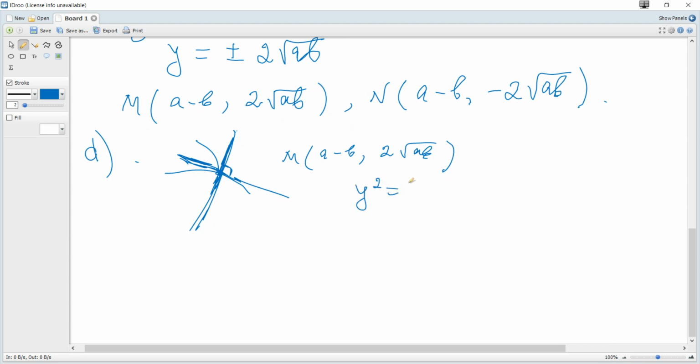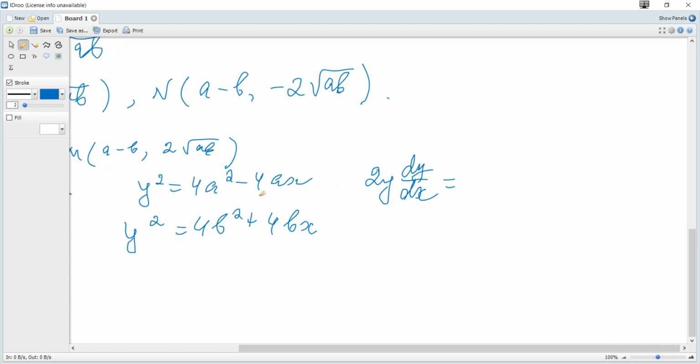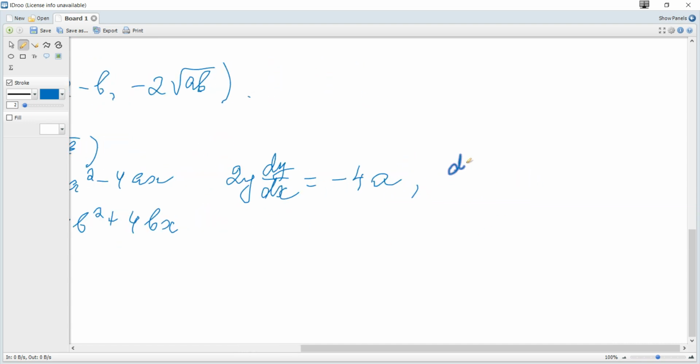For both curves, y squared is 4a squared minus 4ax, and y squared is 4b squared plus 4bx. Let's differentiate, and it will be what? Implicit differentiation, y squared derivative by chain rule is 2y dy over dx, equal to, since the constant's derivative is 0, minus 4a, and hence dy over dx is equal to negative 2a over y.